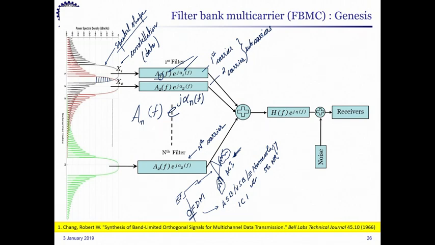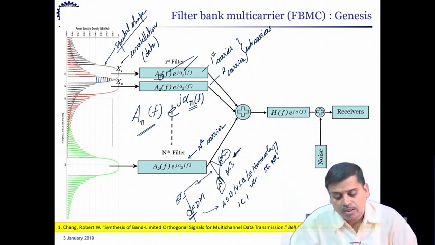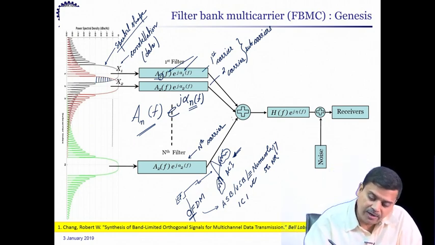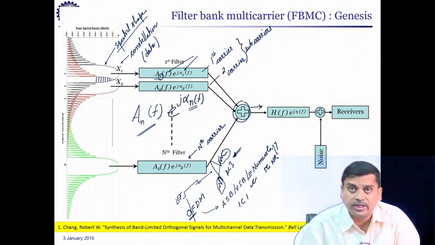That is the general form, where this is the amplitude response and this is the phase response, and all of these get added together and then they are sent out into the channel.